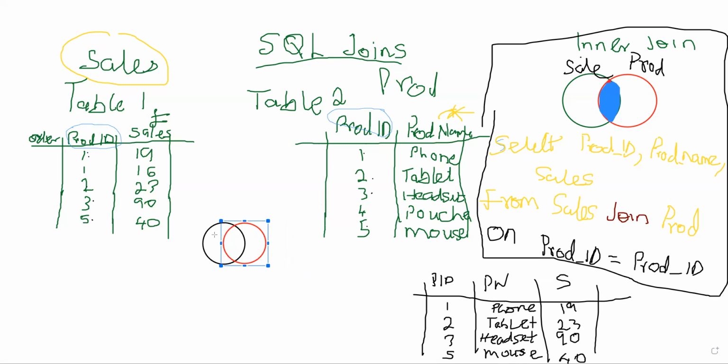So we want to do left join. Let's say this is products. Remember, anything can be anywhere. And this is sales.